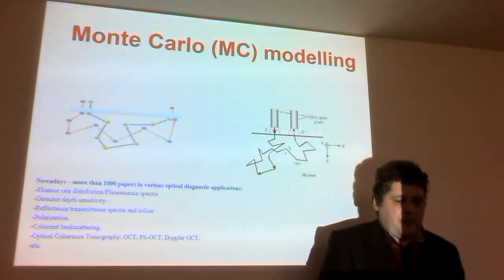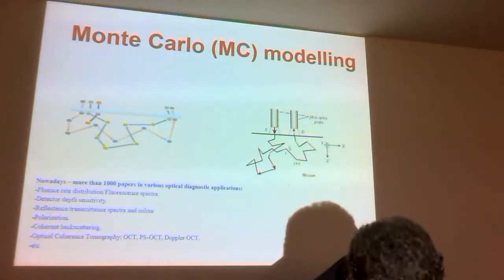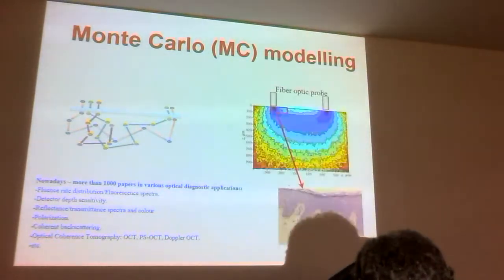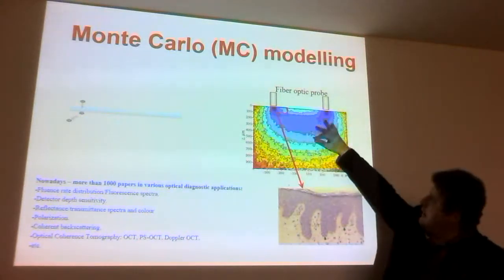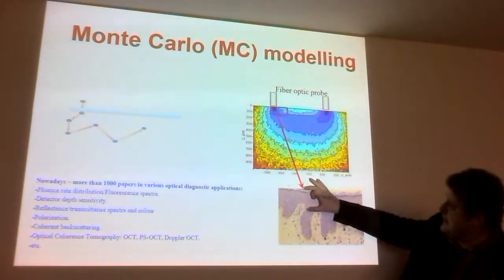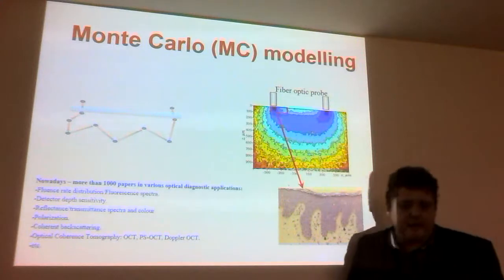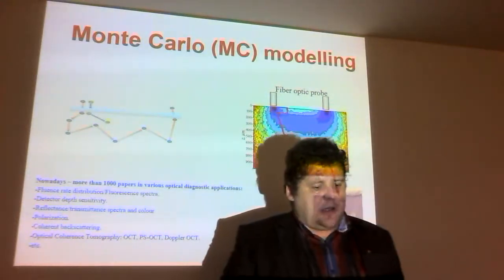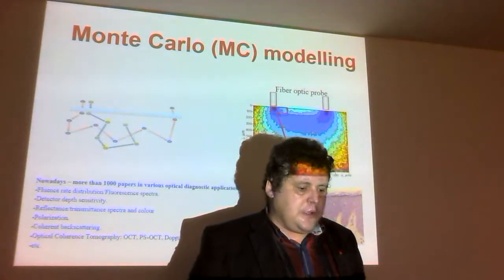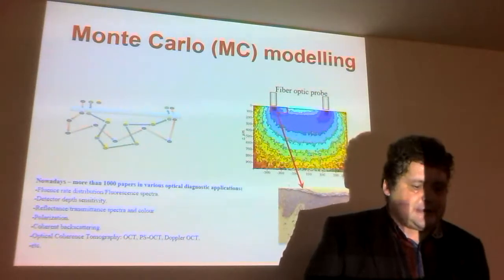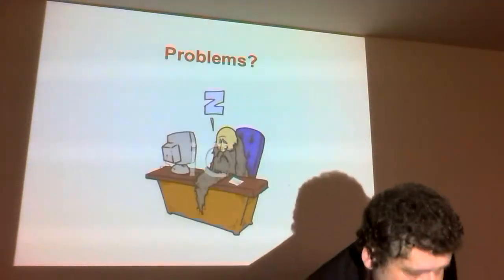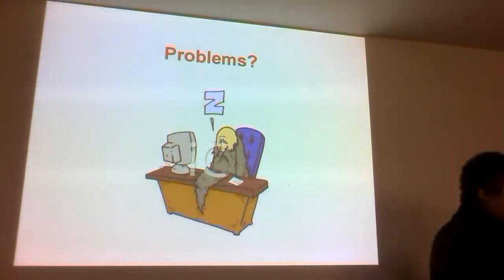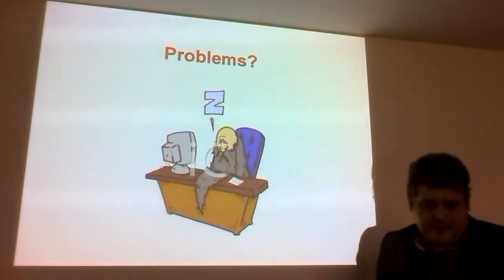The only problem is this: we're able to predict clearly how light propagates and estimate what area is influencing our detected signal quantitatively, and we're able to do image reconstruction and many other things. But the problem is that this technique is very, very slow.